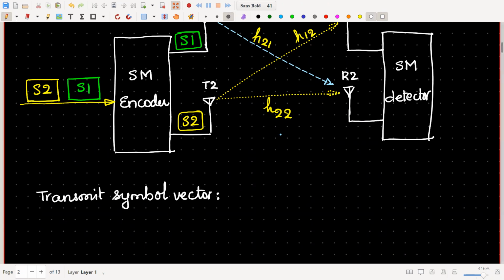Let's label this one as S. S is a vector of two symbols. We are transmitting two different symbols using two different transmitter antennas.